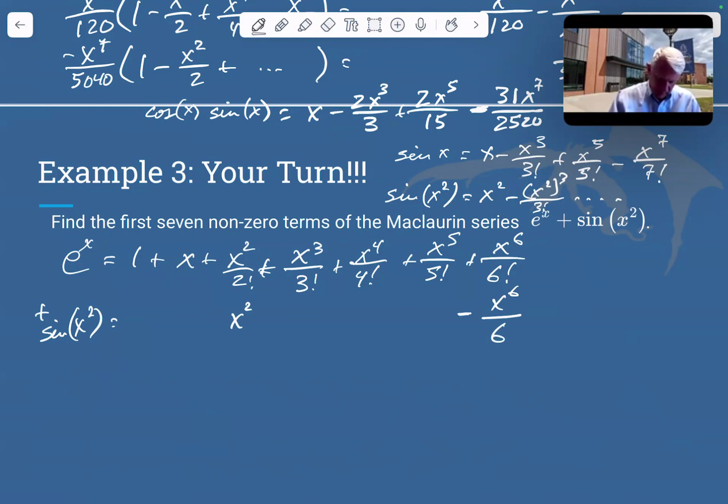Now let me go back up here, and I'm going to change these just a little bit. If I change them, I get 2, I get 6, I get 24, I get 120, and then I get 720.